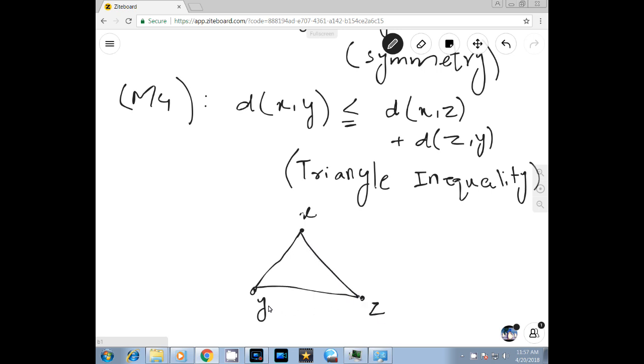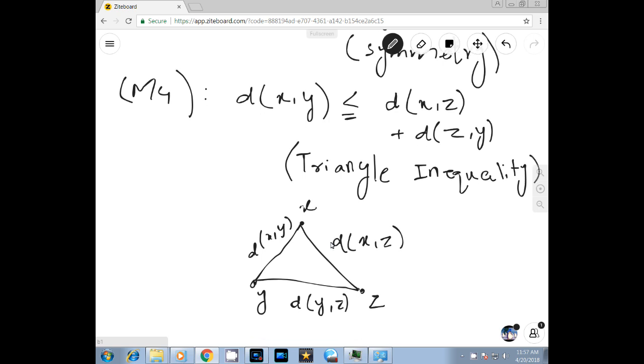This line from y to z is the distance D of yz, definitely. Similarly, this line is the distance between x and z, while this line is the distance between x and y.